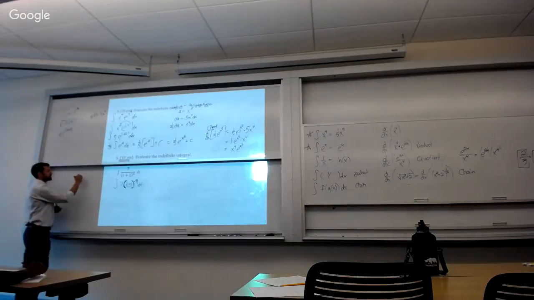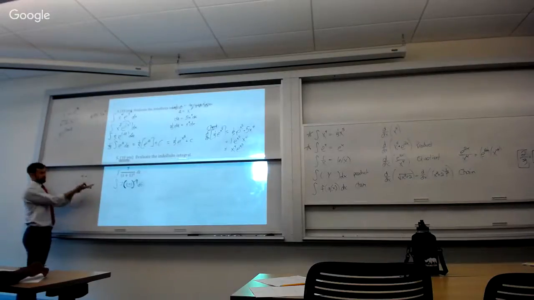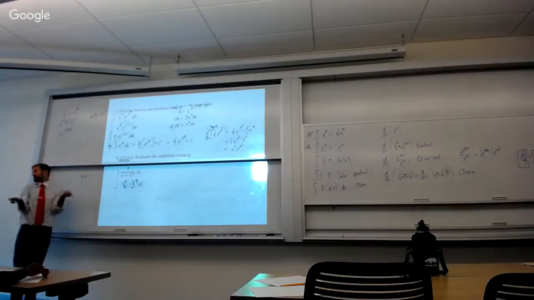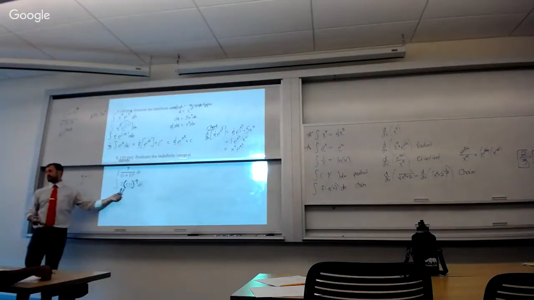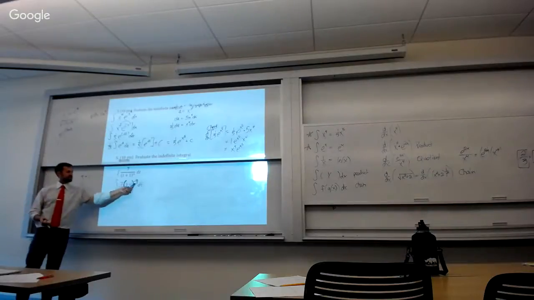So what's the derivative of t plus 1? There's 1. And is 1 present outside? It sure is. Kind of vacuously so, but it's there. So yes, this is a candidate for u substitution because there is an outside function, an inside function, and the derivative of the inside function is present outside of the outside function.